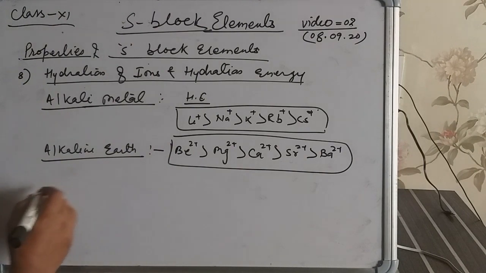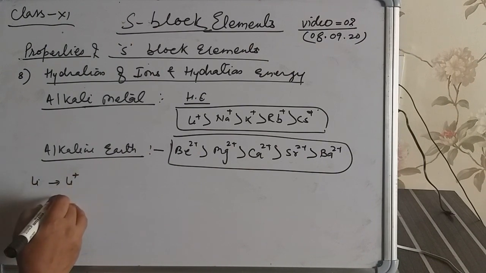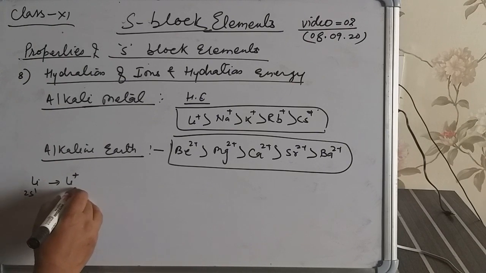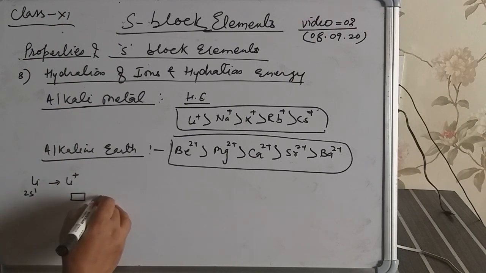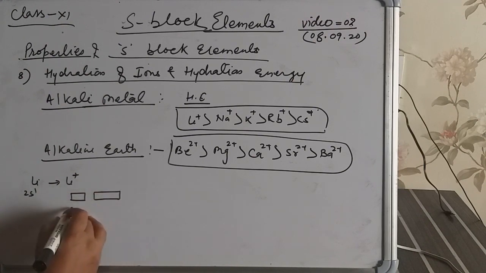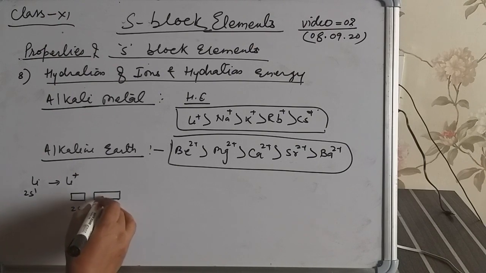So this is the reason: when lithium forms the lithium ion, the outermost configuration 2s1 becomes empty, leaving the 2s and 2p orbitals.